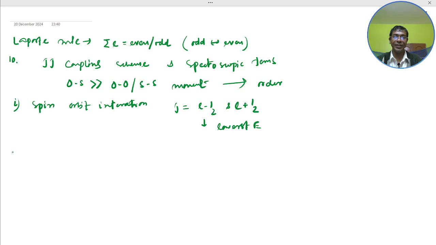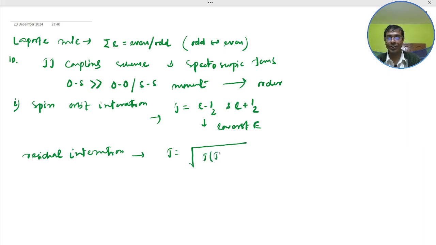And for the residual interaction, that J value is equal to root over J into J plus 1 h cross, where J equals J1 plus J2 to J1 minus J2.